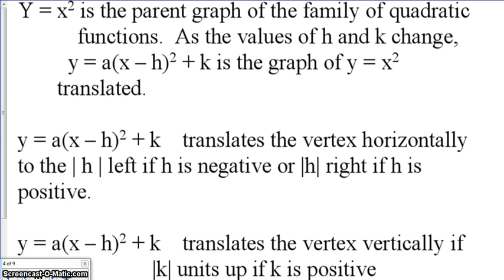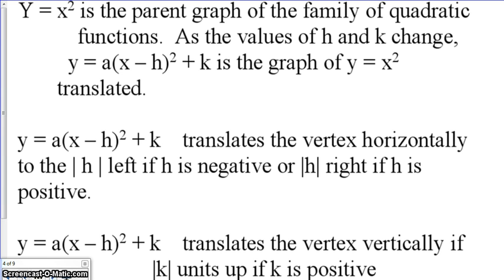Here, y equals x squared is the parent graph of the family of quadratic functions. As the values of h and k change, again, the coordinates for our vertex point change. The equation y equals a, x minus h quantity squared plus k is the graph of y equals x squared translated based on that change of your coordinates for your vertex.